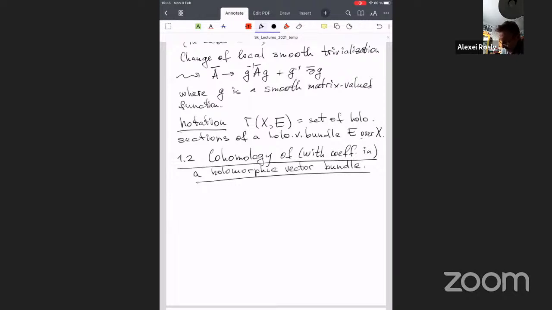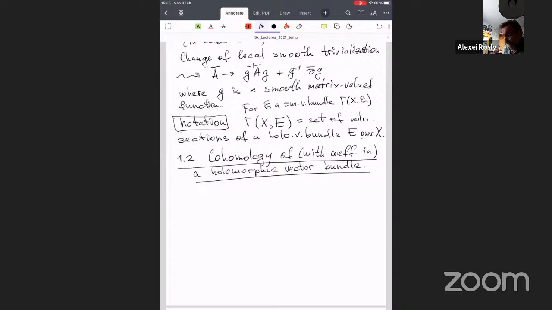Let me also add to the previous item about notations. The same notation for a smooth vector bundle is, in principle, defined the same way: Gamma of X comma E means the space of all smooth sections.